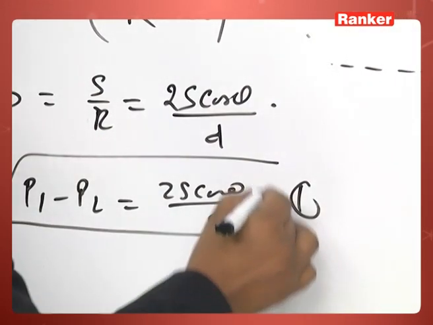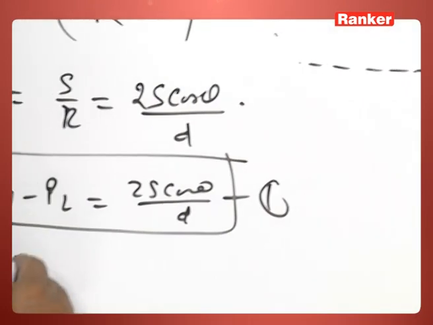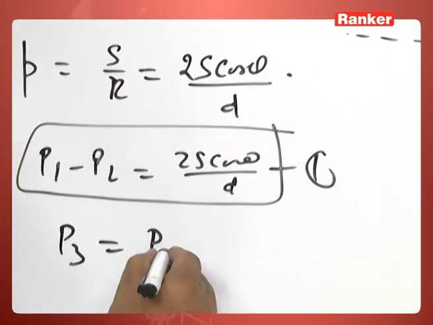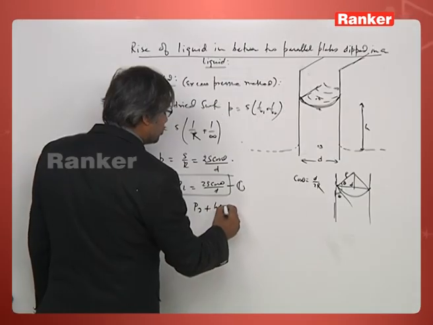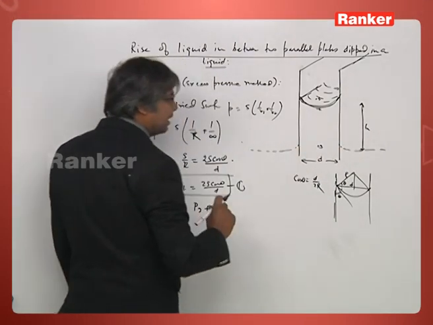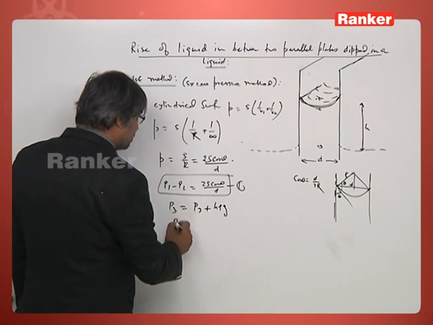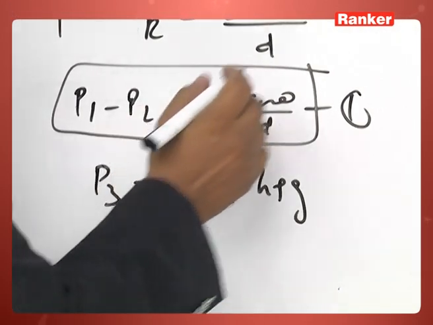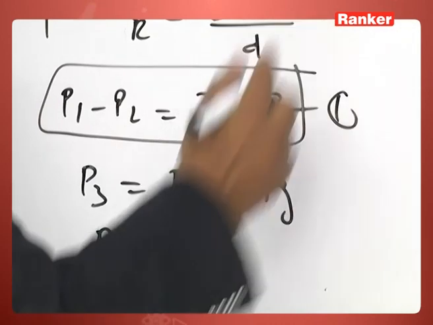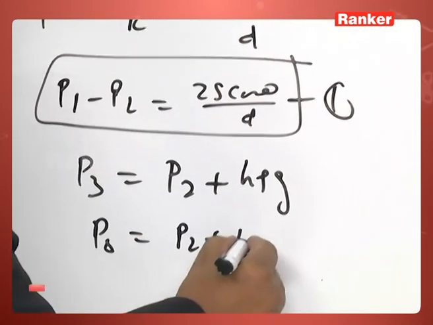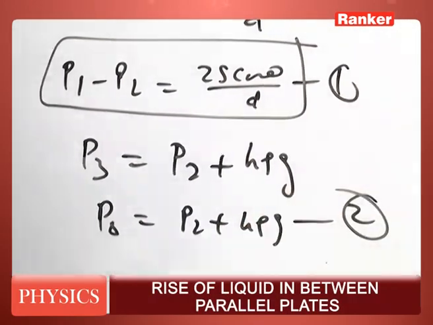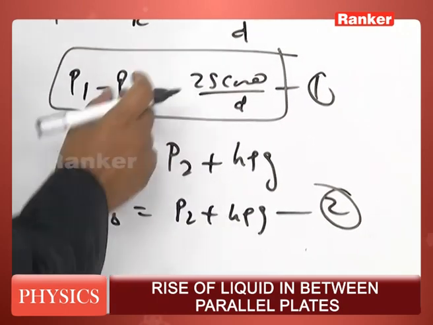Also, P3 is equal to P2 plus H rho G, where H is the rise of liquid in between the plates, and P3 is P naught. You see P1 is also P naught. So, P3 is P2 plus H rho G, this is the second relation. Let us put this P2 here.